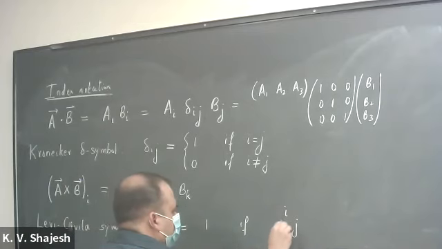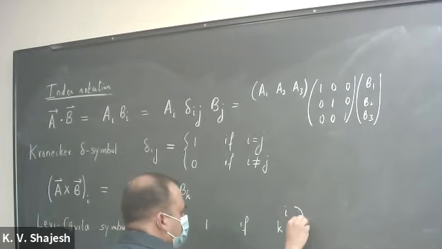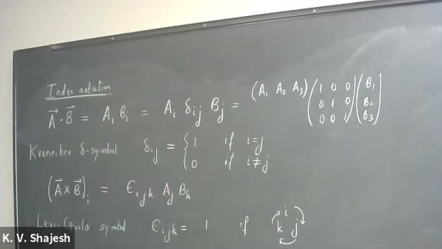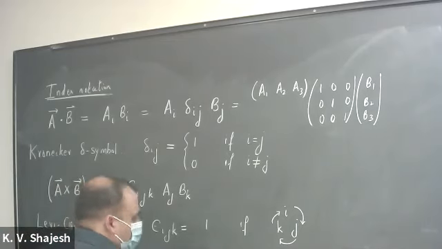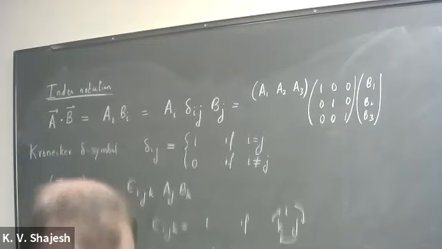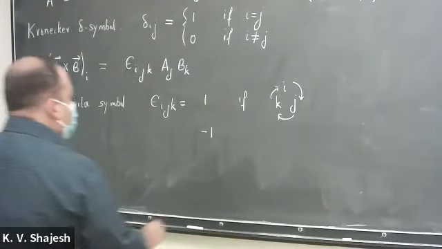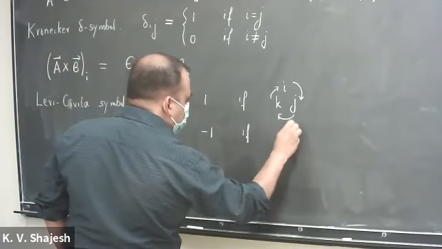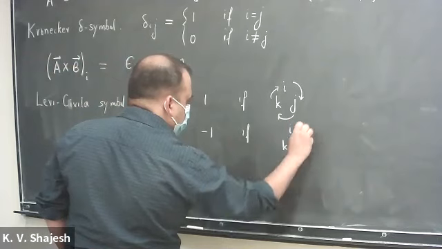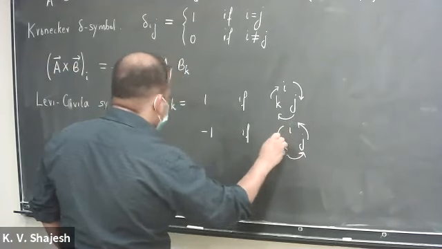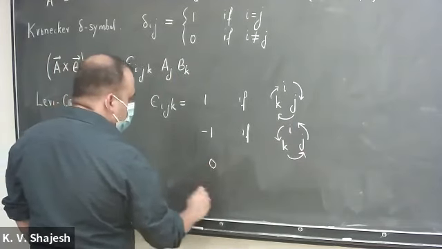So if i, j and k come in 1, 2, 3 order, that's cyclic. It is equal to -1 if it is anticyclic, that's ijk this time. And it is equal to 0 otherwise.